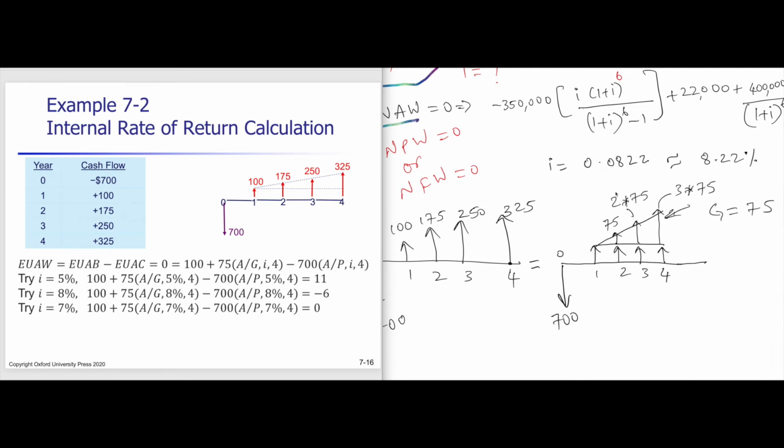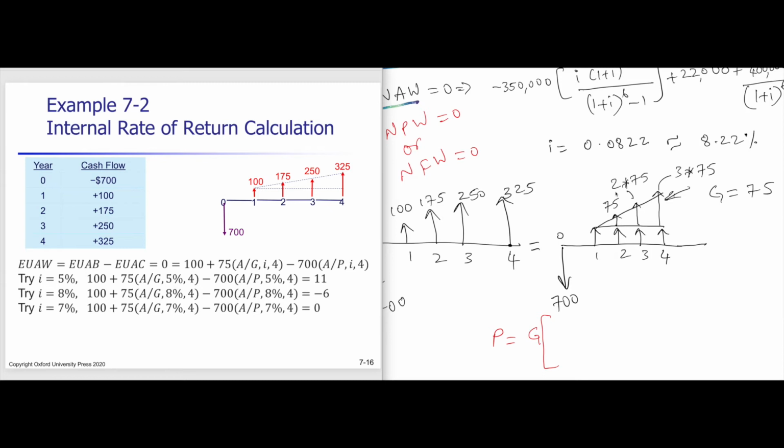Remember again, G has to start from second year. And when you apply the formula of G, so what is the formula of G? The formula to calculate P given G is this. P is G times 1 plus I to the power n minus I times n minus 1 over I squared times 1 plus I to the power n.